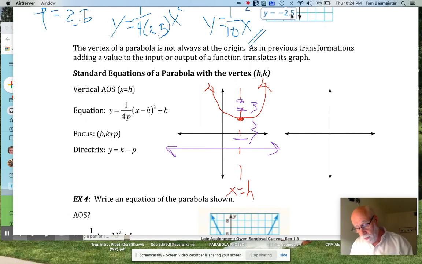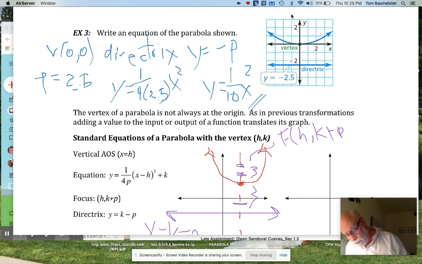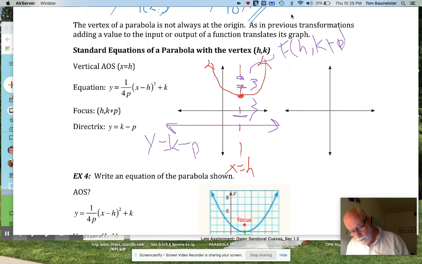But again, on this one here, our directrix is y is equal to k minus p, and our focus is at h and k plus p. Well, now I'm kind of glad I'm not doing the sideways parabolas for you. All right.